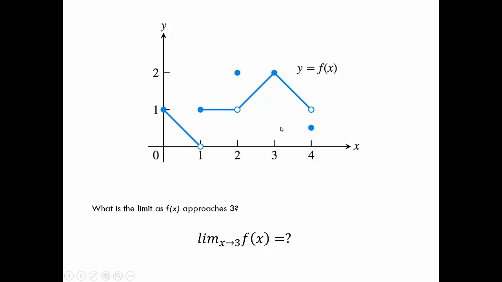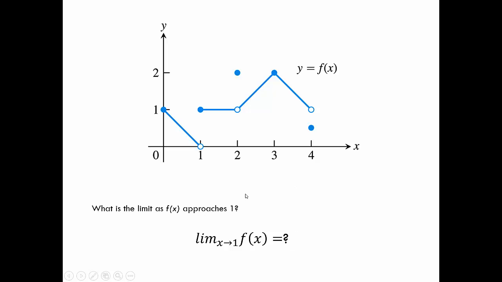Well, it looks like it's approaching 2, which is the same as f of 3. So it would be continuous at x equals 3 because the value of the function equals the limit.